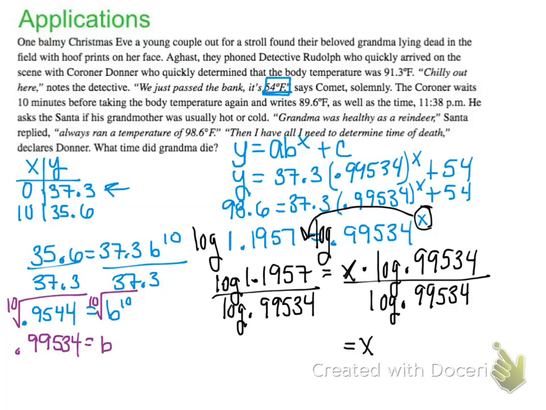So after taking the log of both sides and bringing that x variable out in front, I'm going to divide by the log of 0.99534 from both sides, giving me my x value. So I get my x value to be negative 38.265. What that tells me is that Grandma got ran over by a reindeer approximately 39 minutes ago.